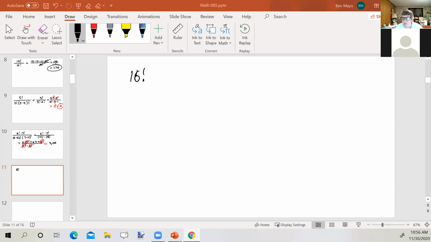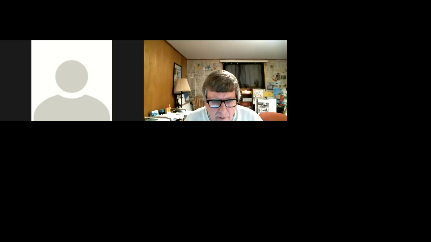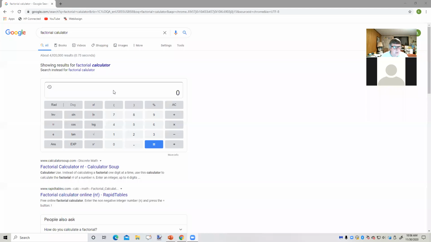And when I do that, let me show you the different screen there. So I just typed in Factorial Calculator, and this X with an exclamation mark button would be the factorial button. And I want 16 factorial.